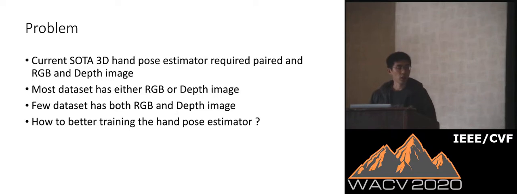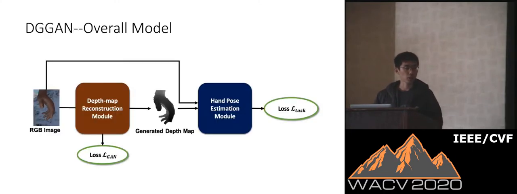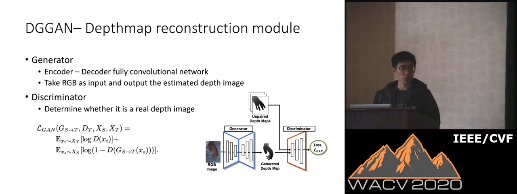So, how can we train our 3D hand pose estimator with unpaired RGB and depth images? The answer is yes. So we have this GAN. We have a depth map reconstruction module to reconstruct the depth map from the original image, and combine it with the original image to use a hand pose estimator to give you the 3D hand pose.